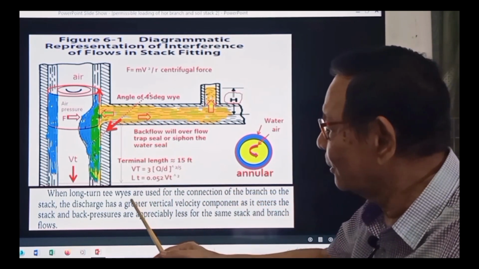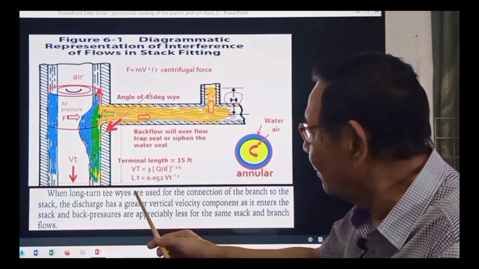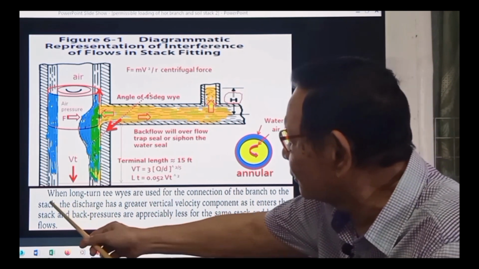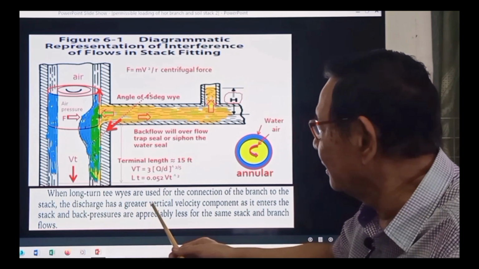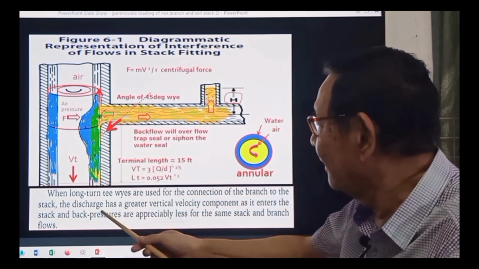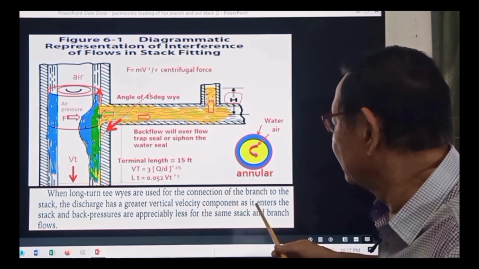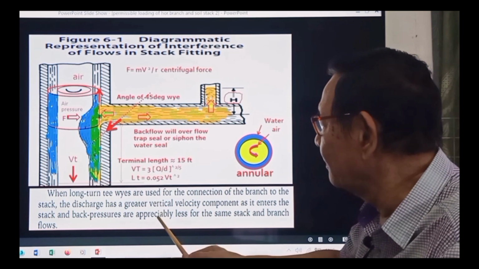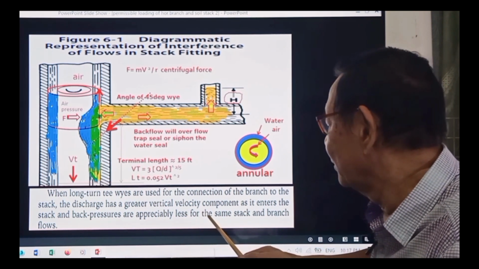So, when long-term TYs are used for the connection of the branch to the stack, the discharge has a greater vertical velocity. Long-term TY, ganun. The greater velocity component as it enters the stack, and the back pressure are appreciably smaller for the same stack and branch.